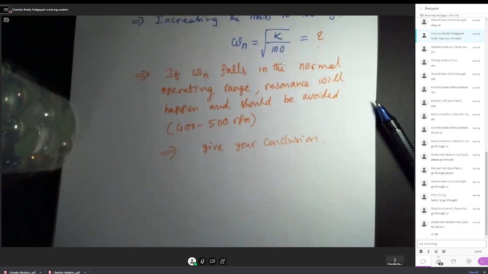All right. After that, you need to find out the range of the mass that can be added.